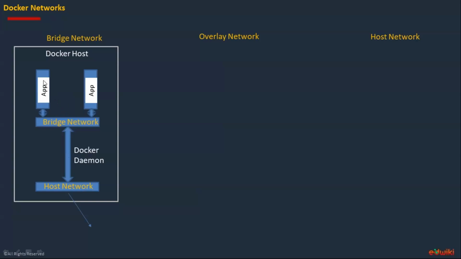That way, if one container wants to talk with another container, that connectivity will go via the bridge network. If a container wants to access anything outside of Docker, maybe outside of the EC2 server itself, then that communication comes via the bridge network to the host network, and then the connectivity goes out. Are we good with this?